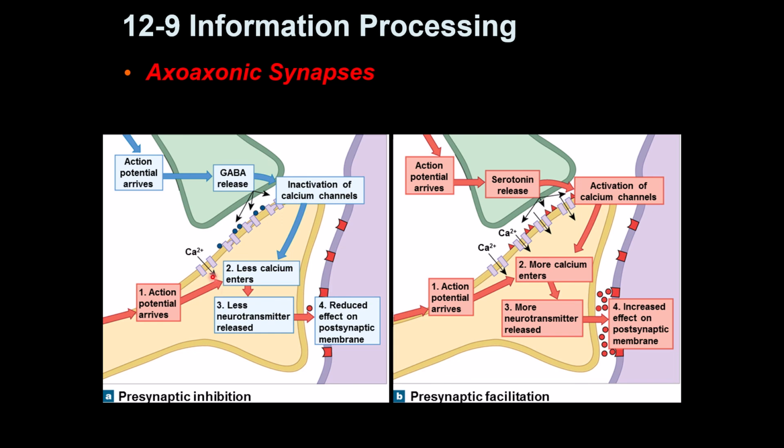If the amount of calcium decreases, there's less exocytosis of these neurotransmitter vesicles, and fewer neurotransmitters are released in the synaptic cleft, and fewer of them are attached to these channels. So this cell will not be stimulated as much.